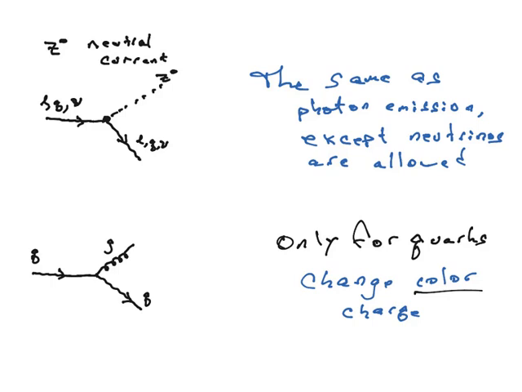And the gluons, just like a photon as well, except it only works for quarks, no leptons anywhere, no neutrinos. But hidden behind the scenes, it is changing something. It's changing the color charge. So an up stays as an up, but a red may become a blue or an anti-blue or whatever we want it to do, depending on the gluon.